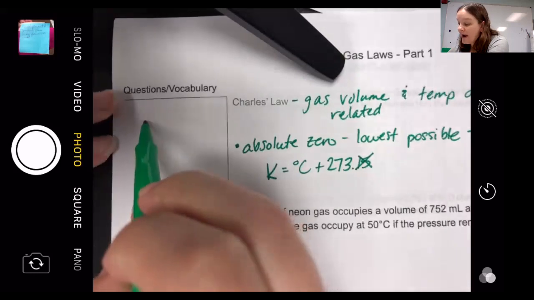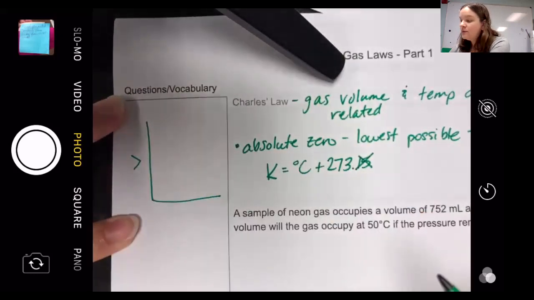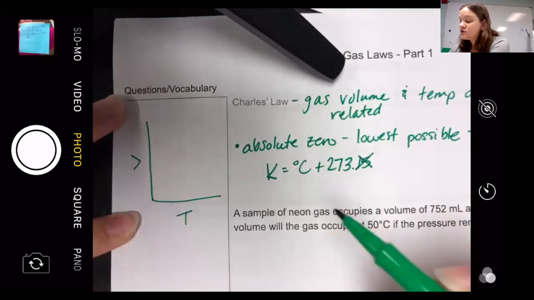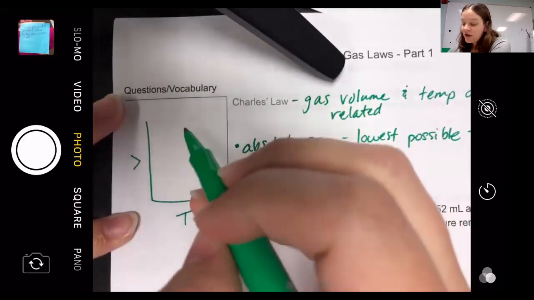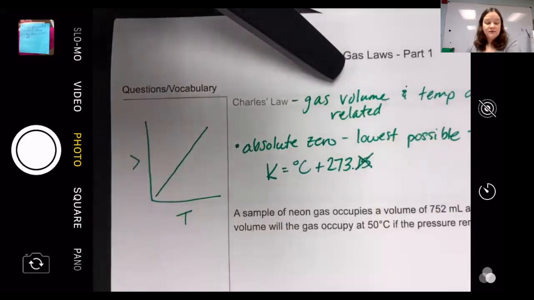So if we were to graph Charles's law, we would have volume on the y, temperature on the x, and you would get a straight line. So as the temperature increases, the volume increases.